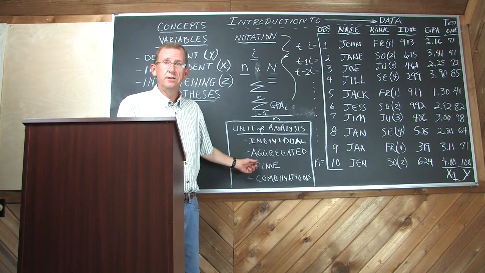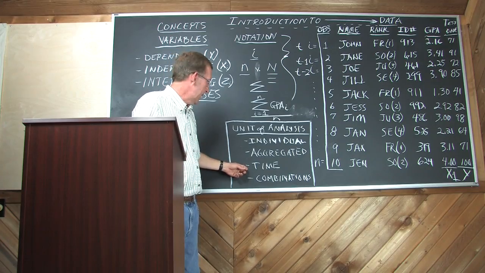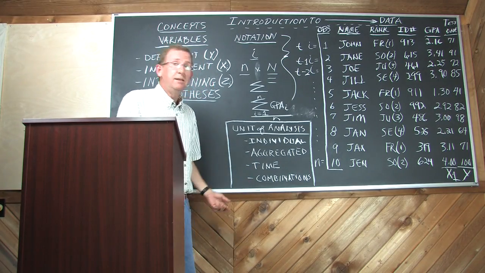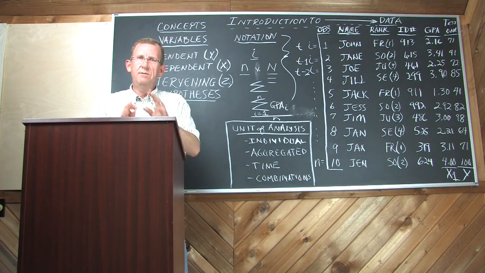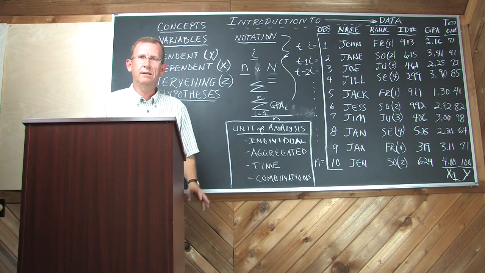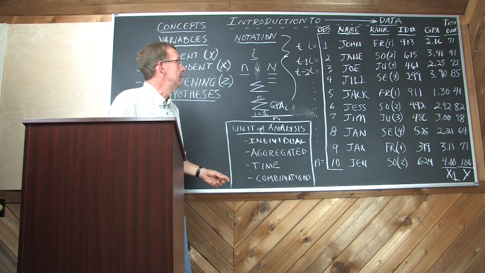These are called time series analyses, and we'll see some of them, at least in class. We'll work on some of this. And lastly, many things are a combination of all. Many data sets have combinations of all of these: individual, aggregated across individuals, and time series.